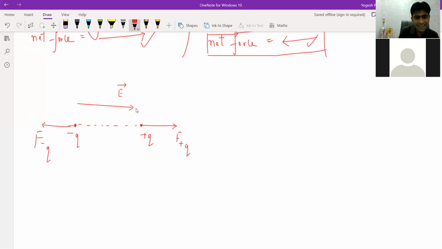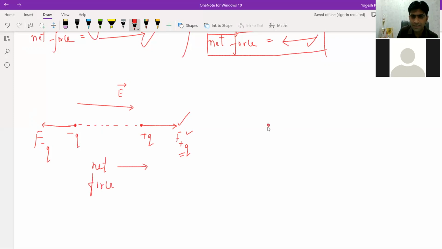Now this field is increasing towards this direction. Are you getting my point? This field is continuously increasing towards the positive charge direction only, so this force will continuously increase. So that is why the net force direction is towards right.